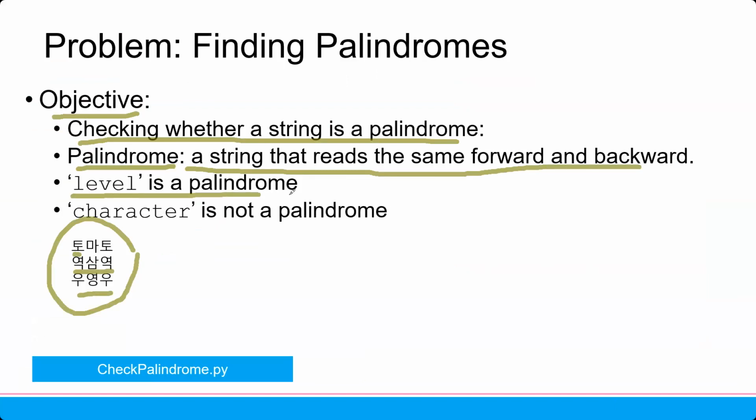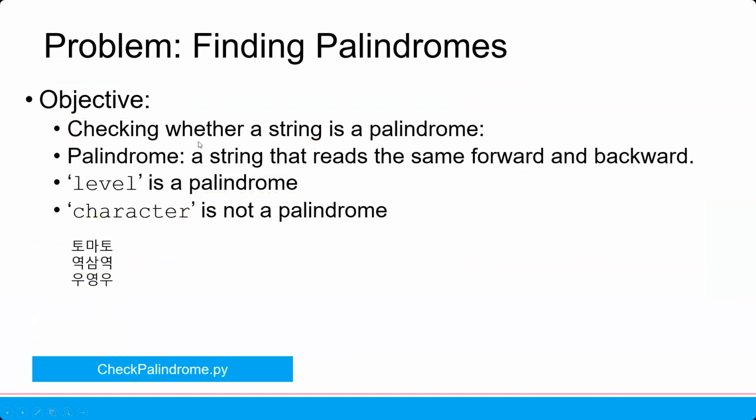In English, there are some palindrome words like level, civic. Okay. So this is also a palindrome. Character is not a palindrome because reading from the last letter to the first is not the same as reading from the first letter to the last.